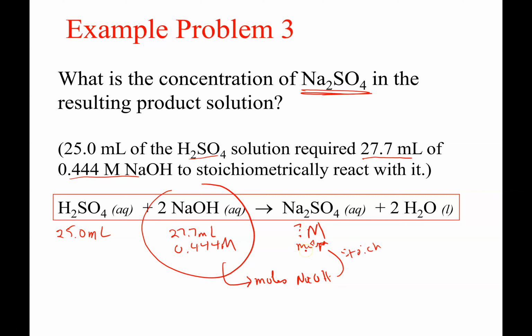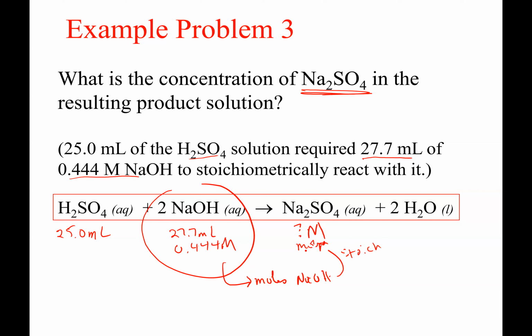Moles of Na2SO4. Now, the only catch here, and we run into this a lot in this sort of problem, is that at this point I'm going to have moles. I know I can get to molarity if I take moles and divide by volume, right? The volume at this point actually is 25 milliliters plus 27.7 milliliters.